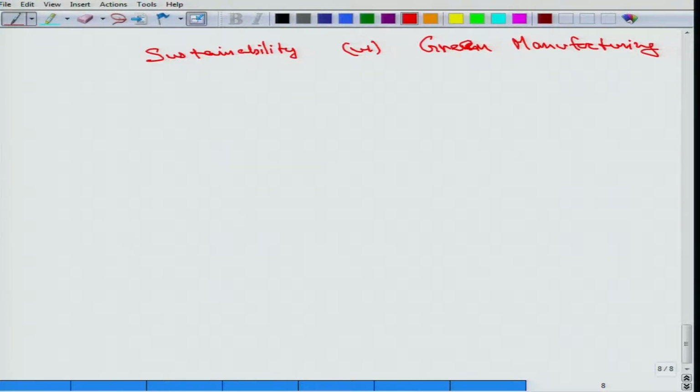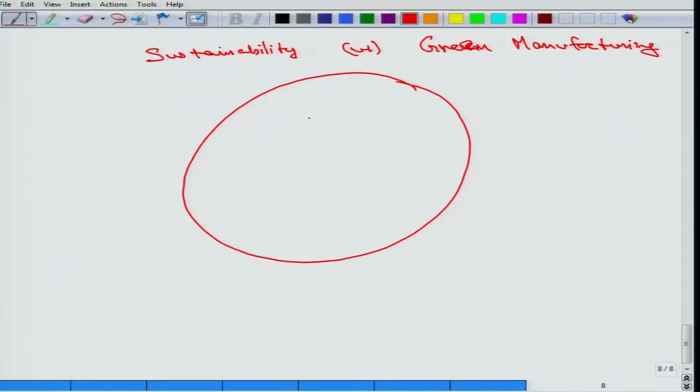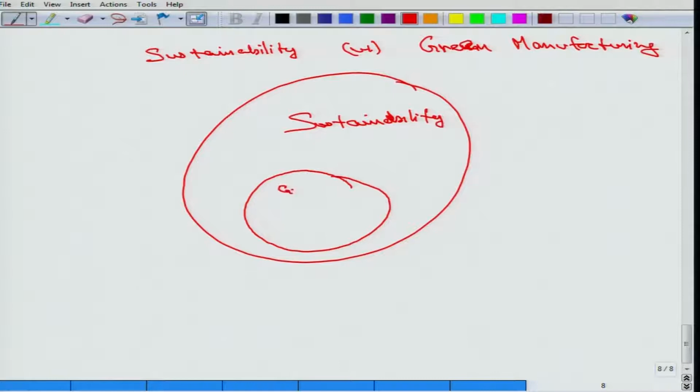But what specifically is the difference here? Sustainability is a broad term, of which green manufacturing is a subset. Green manufacturing works in the manufacturing sector of sustainability.